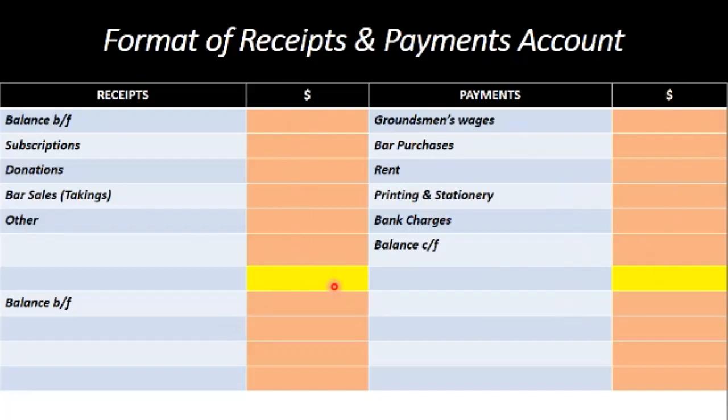Okay? The yellow box here is for the total of both columns. They should be equal. You start with your balance brought forward from the previous period, the balance of cash that you may have, and then you list all the areas where you will receive money from.